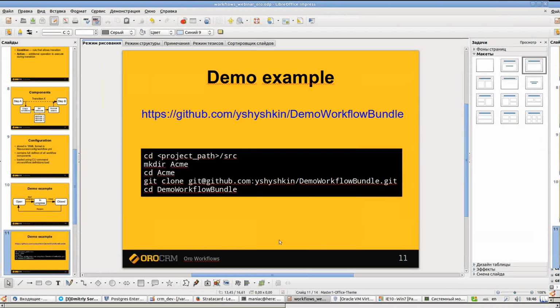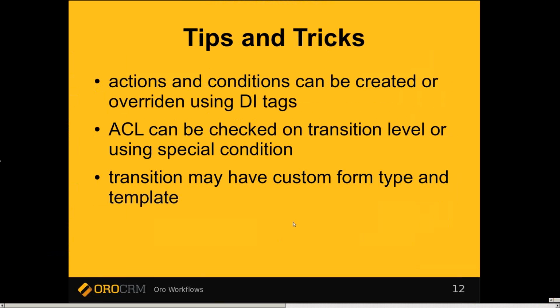Back to the presentation, I would just want to tell you about some tips and tricks that might be used in workflows, and these features are the most requested by our community. Some of them were even implemented at the request of the community. First, you can override actions and conditions that can be used in a workflow using dependency injection tags.